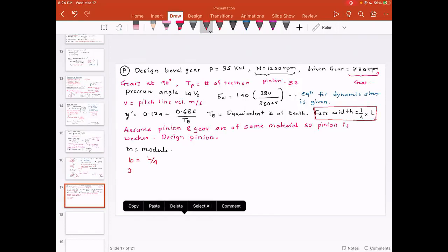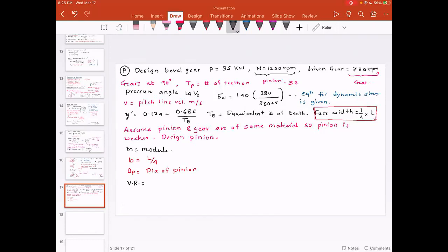DP is the diameter of pinion, and velocity ratio is equal to speed of the pinion divided by the speed of the gear.